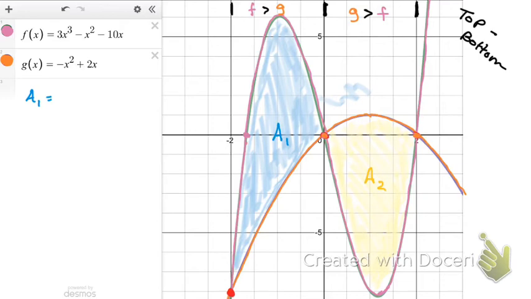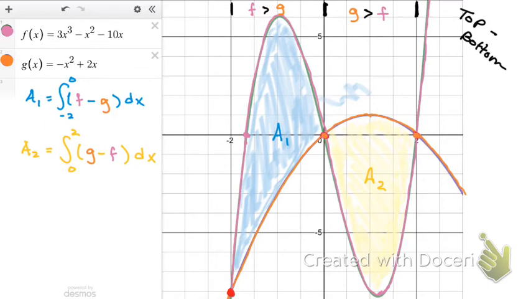Okay, so the integral should be from -2 to 0 of f minus g dx. That's basically exactly how we learned that basic formula, f minus g. It's top minus bottom because f is bigger than g. A2 is kind of backwards of the formula. From 0 to 2, g minus f, because g is larger than f on that interval.